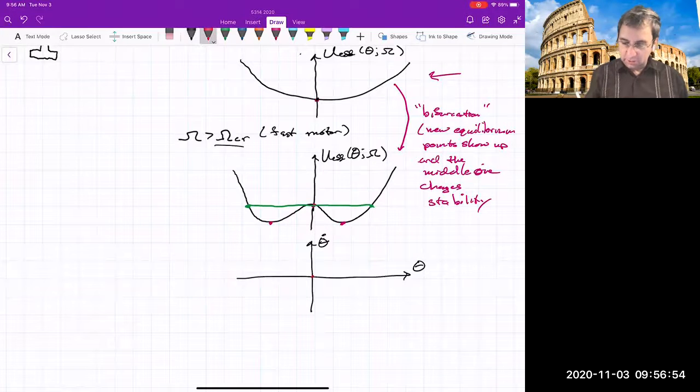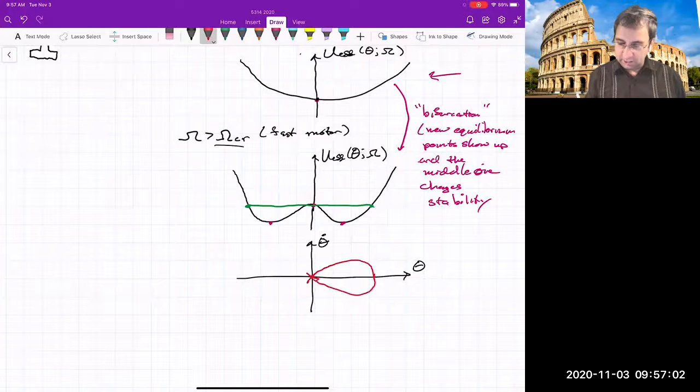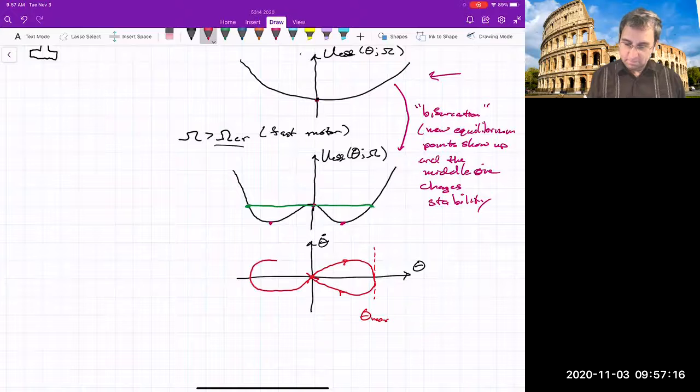Well, this bottom point, this middle point, is a saddle point, and it's going to have some turning points. So that is the extent that the T shape can shoot out to, whatever this is. We'll call that theta max. And it can shoot out either way. Maybe we'll call that negative theta max.